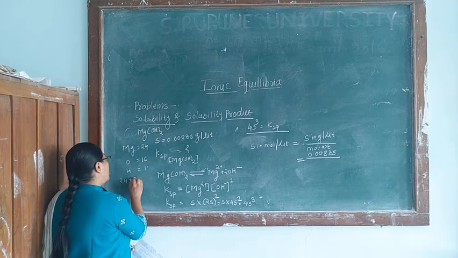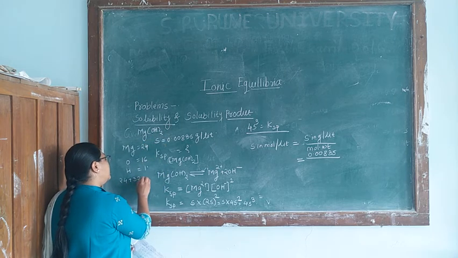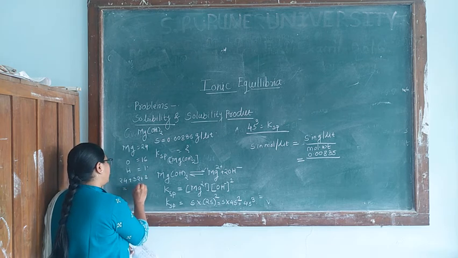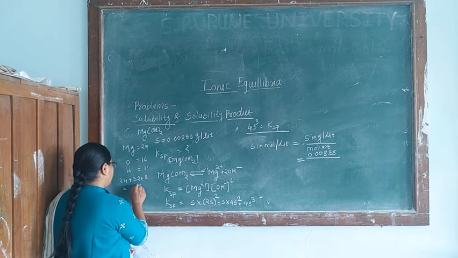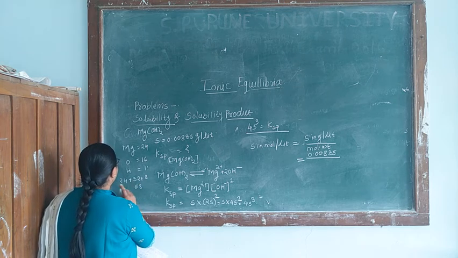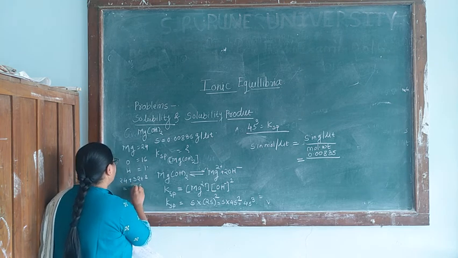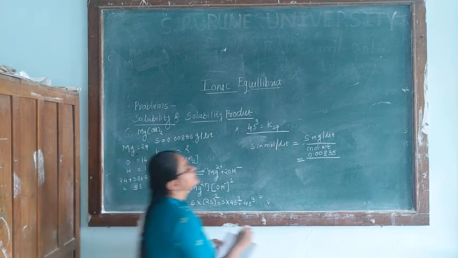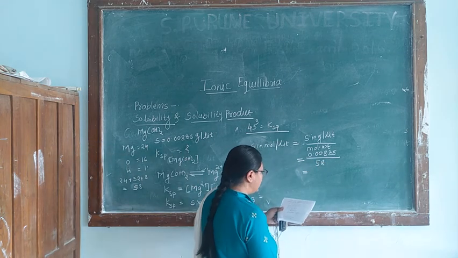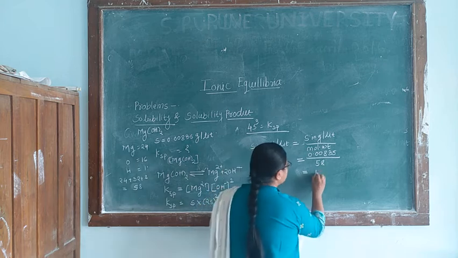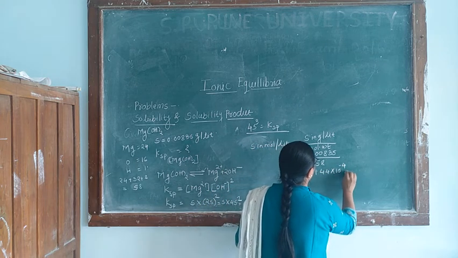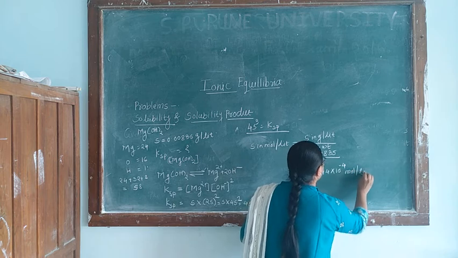So twice oxygen is 32 plus twice hydrogen is 2. So this is 34 plus 24, it is 58. So this is the molecular weight of magnesium hydroxide, and therefore your solubility in moles per liter is 1.44 into 10 to the power minus 4 moles per liter.